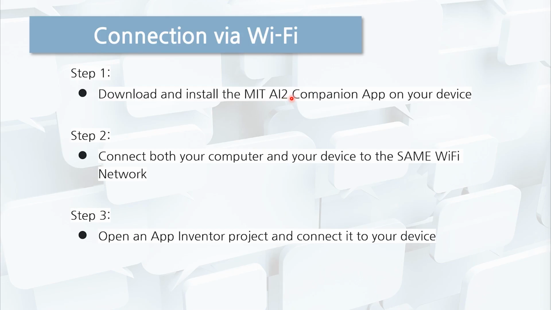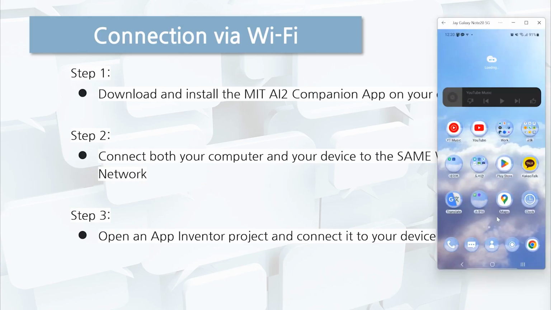Step 2, connect both your computer and your device to the same Wi-Fi network. And step 3, open an App Inventor project and connect it to your device. Let me show how to do.